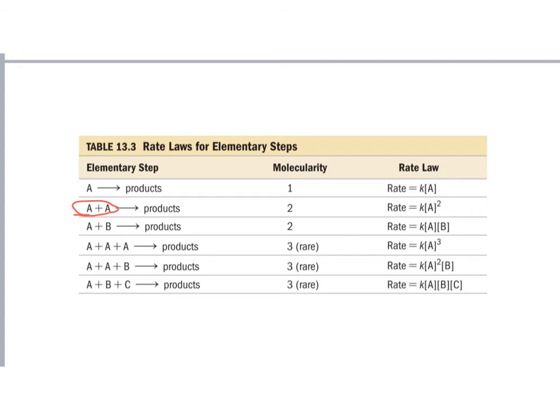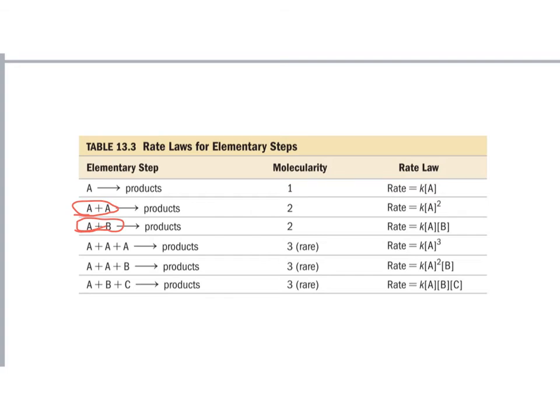And if you have two different reactants in the elementary step, then the rate is equal to k times the concentration of A times the concentration of B.